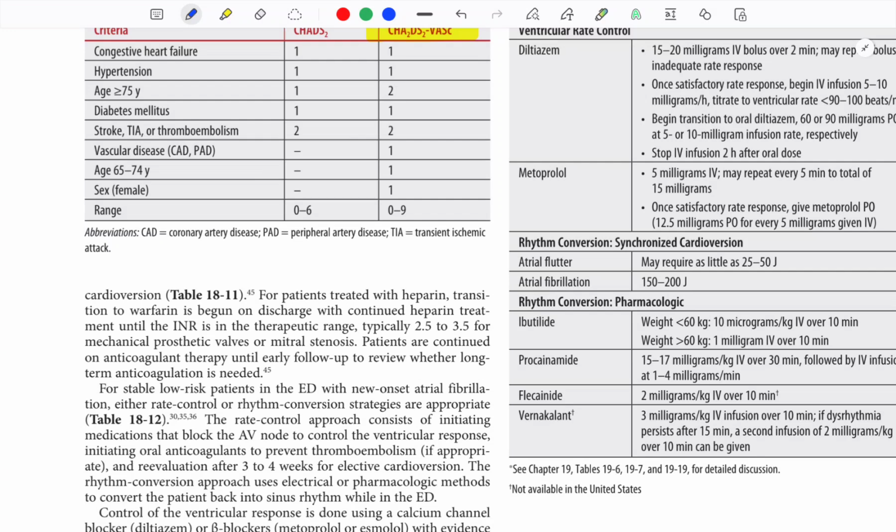For the rest, we can use novel oral anticoagulants. The goal for rate control is a ventricular rate of less than 100 beats per minute at rest. We can use electrical cardioversion using 150 to 200 joules to terminate the atrial fibrillation. It is more likely to succeed if the atrial fibrillation is of short duration, typically less than 48 hours.